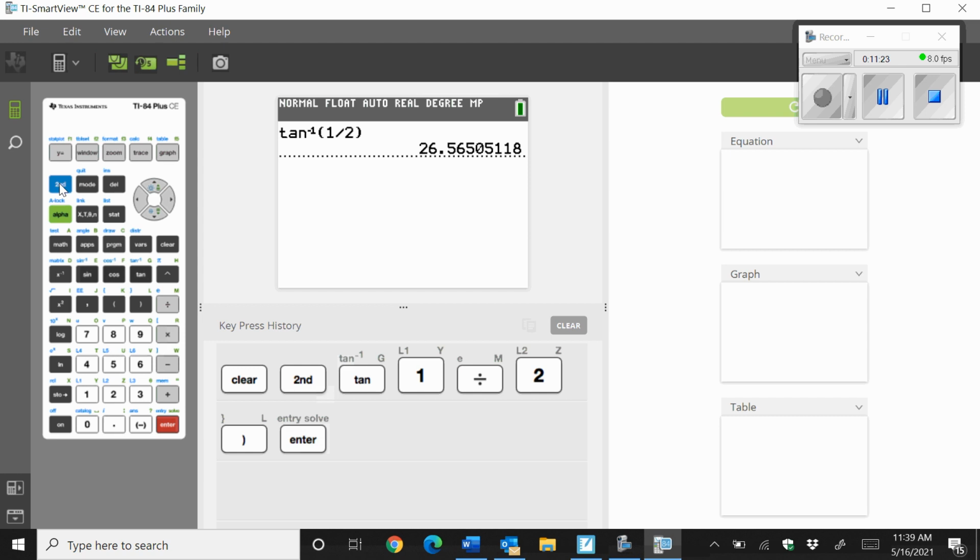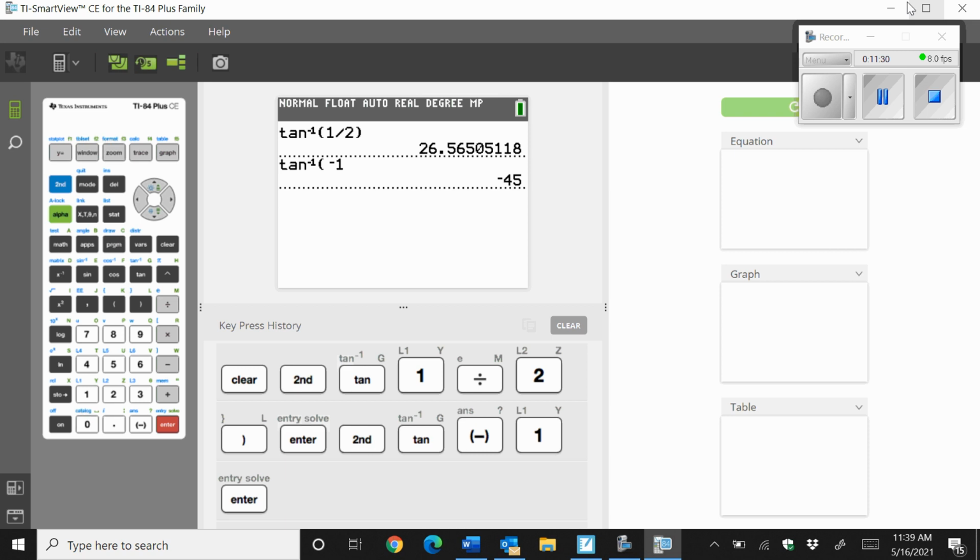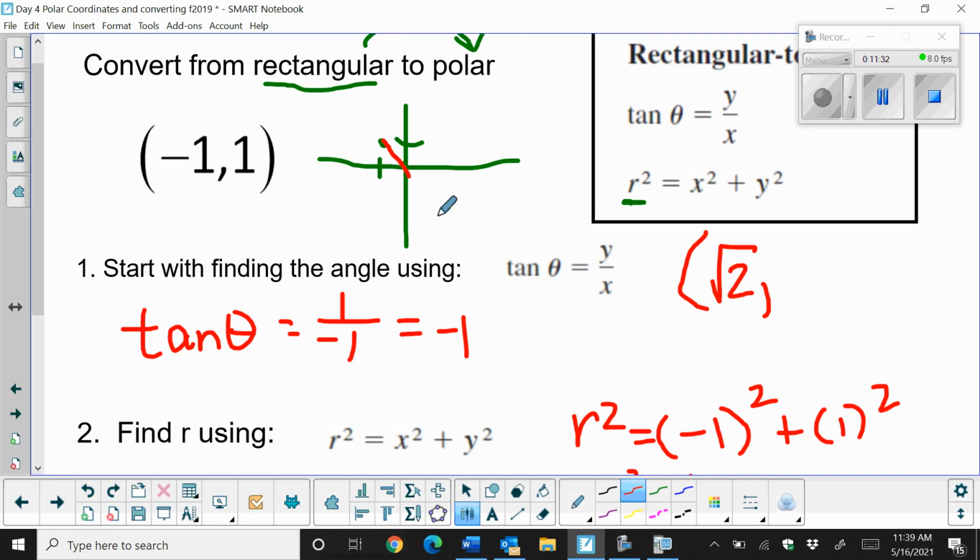So we're going to take the inverse tangent of -1, and that's going to give us -45 degrees. And yes, it is negative in the rotation because we know inverse tangent is going to be in quadrant 4, but we're not in quadrant 4, so you have to think of that as your reference angle, 45 degrees.